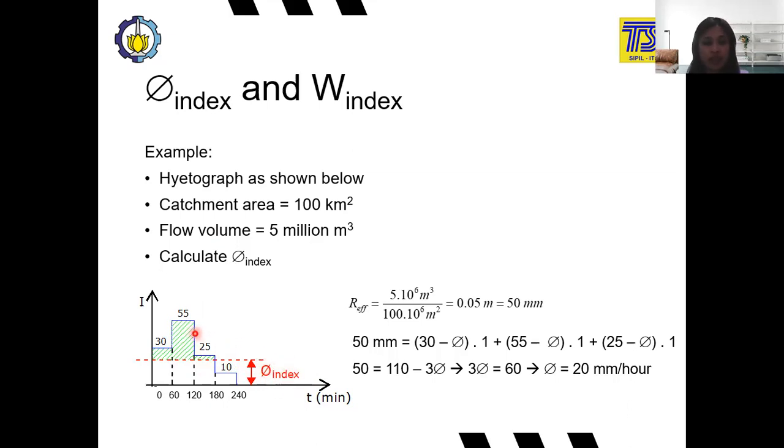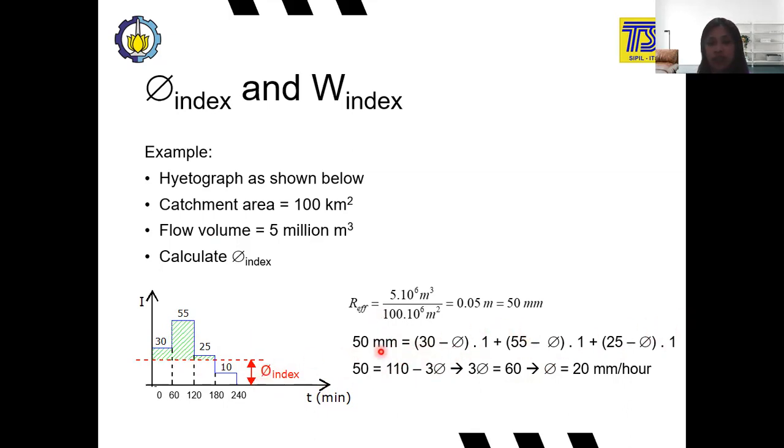We already know the area which is shaded here, for the 30, 55, and 25 bar chart, and then we can calculate the index using this equation.